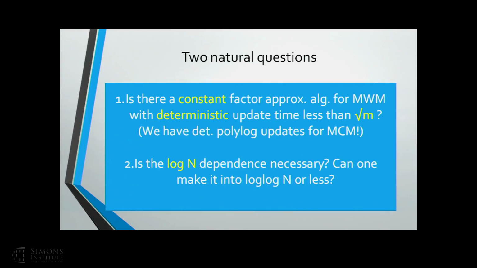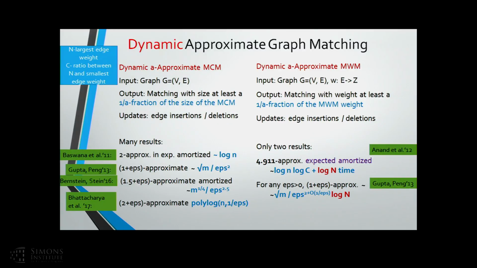For the weighted case, it's worse. There are only 2 results known. For when you want to maintain an approximate maximum weight matching, there's a 4.911 approximation algorithm that is randomized, so it's expected and amortized, and the runtime is roughly log n, just like in the 2 approximation case, but you pay a log of the maximum edge weight factor over here.